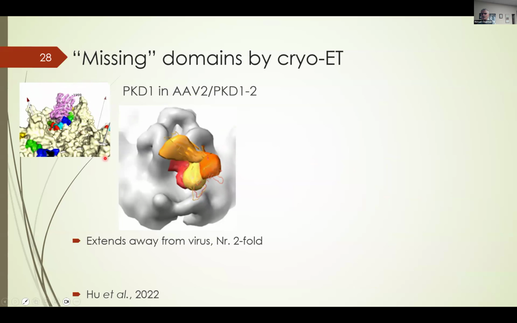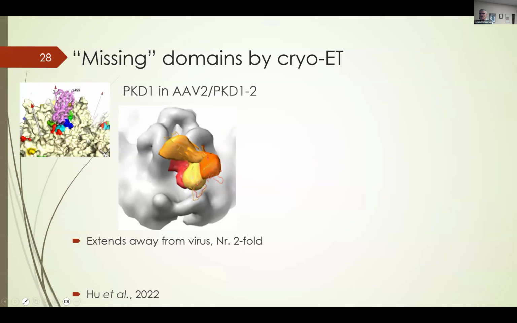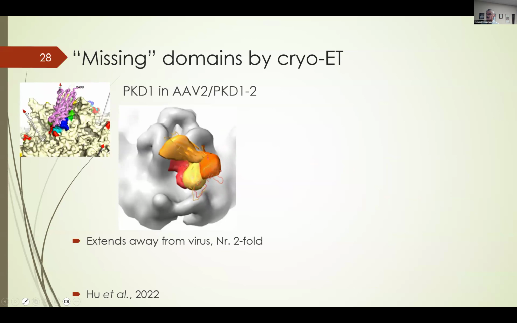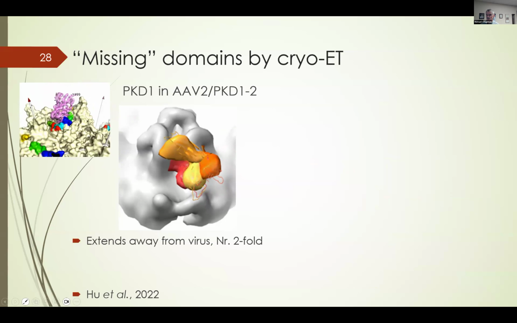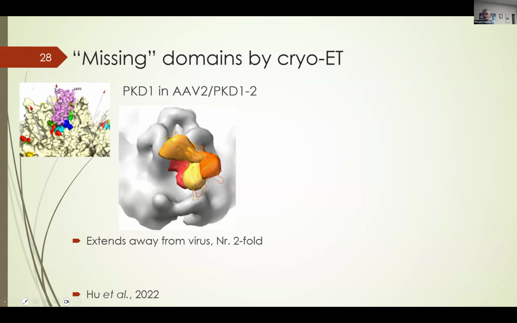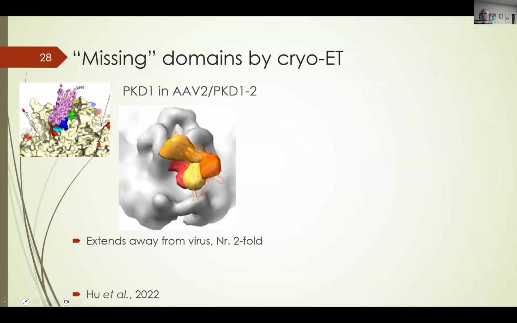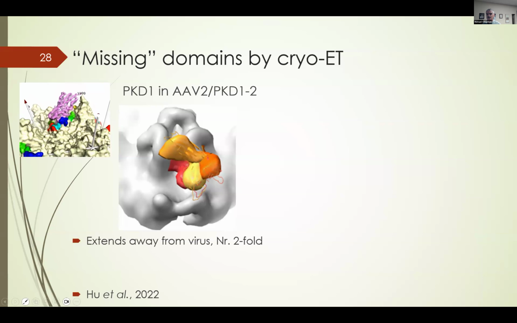This is a result that has been replicated by several different groups, all of us using constructs that had multiple receptor domains, and yet we're only seeing one of the domains bound to the viral surface. And so we switched to using cryo-electron tomography in collaboration with Scott Stagg's group at Florida State University.